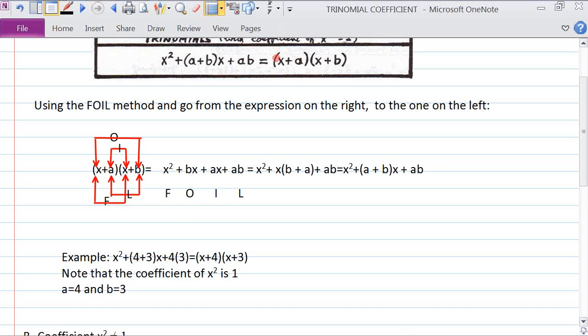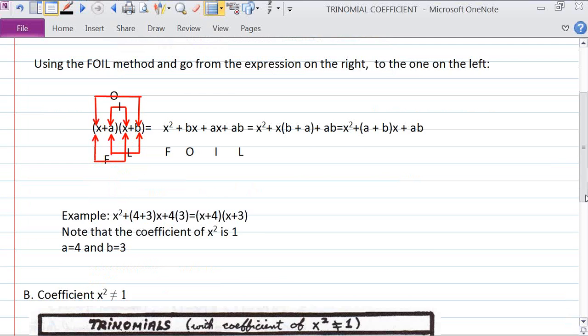And if we look over here, x plus a, which is 4, times x plus 3. And here we have a plus b, which is this middle term right over there. So what we're saying is that this can also be written like this. Now we could have added these 4 plus 3 and gotten 7x, so that's acceptable too.